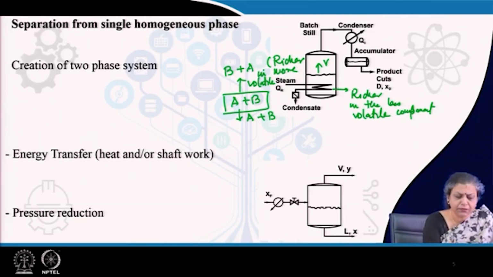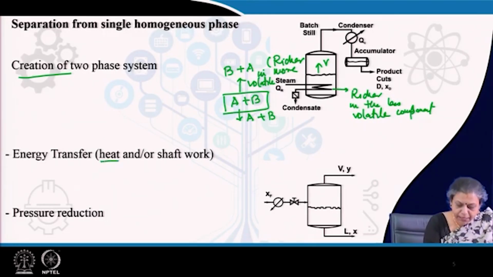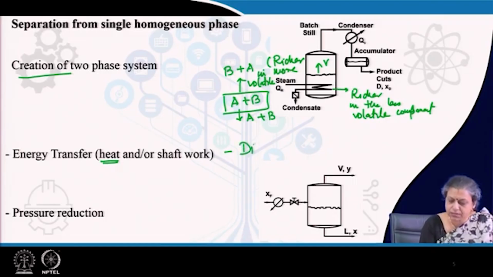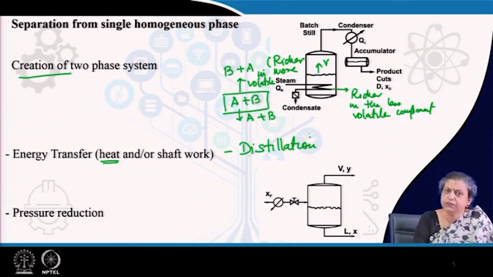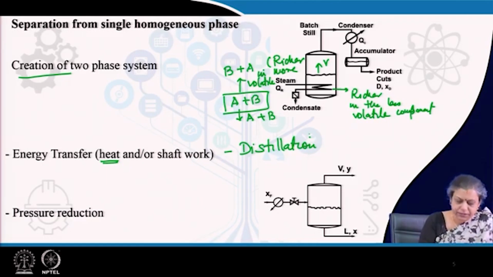So, therefore, the creation of two phases can be achieved, and it is achieved most conventionally in industrial systems by majorly heat transfer. It may or may not be accompanied by shaft work, and this process is known as distillation. There are different types of distillation which we will be discussing after we complete the introduction and certain other discussions regarding separation processes.